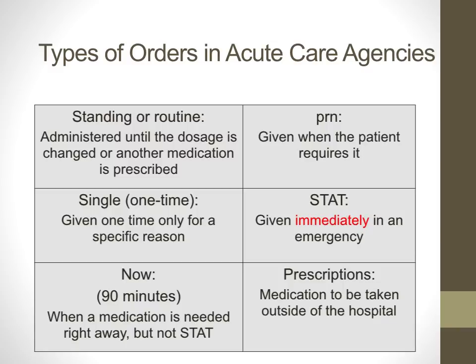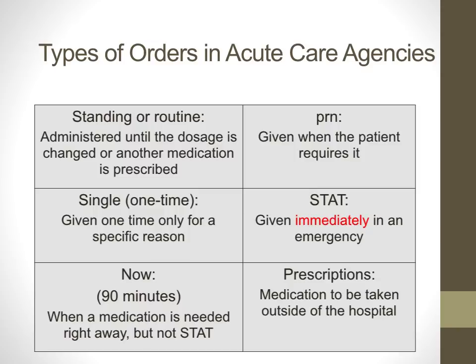Your now orders are medications that need to be given within 90 minutes of the time that the order was written. It needs to be given right away, but not immediately. PRN is given when the patient requires it. For an example, pain medication as needed.